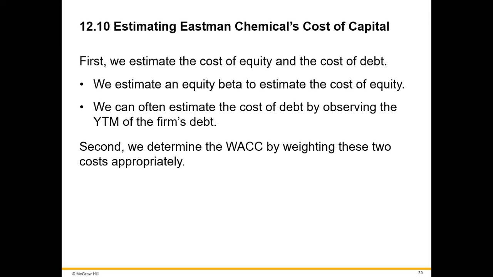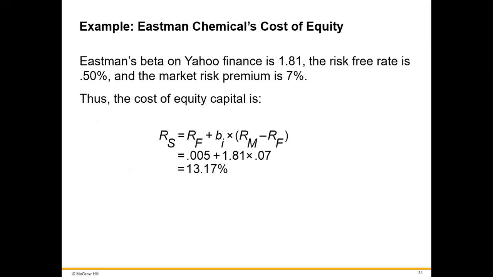So this is another estimate. I think this is different than... So it's Eastman. We estimate an equity beta to estimate the cost of equity. We can often estimate the cost of debt by observing the yield to maturity of the firm's debt. Then we need to determine the WACC by weighting these two costs appropriately, like we just did.